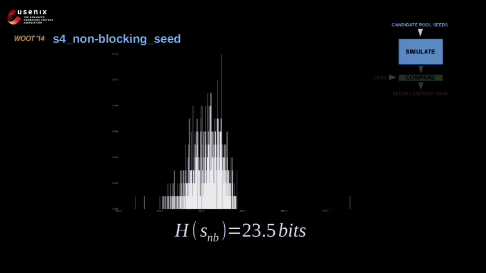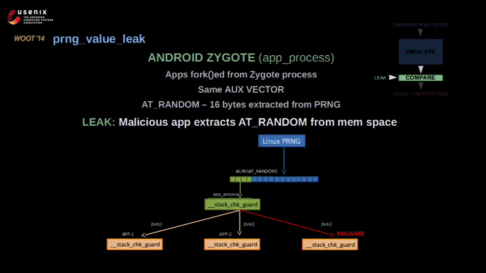So all we have to be concerned with in a practical, trivial attack is the seeding value from the non-blocking pool. And this is a PMF where you can see almost normally distributed seed candidates, which is under 24 bits of entropy, which is something that's certainly searchable in a reasonable amount of time.